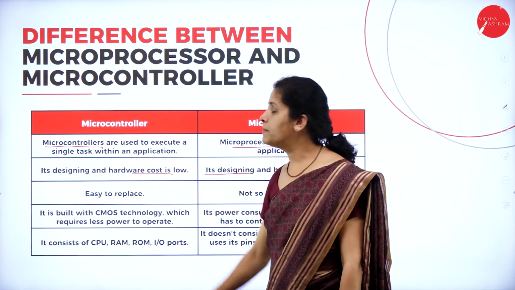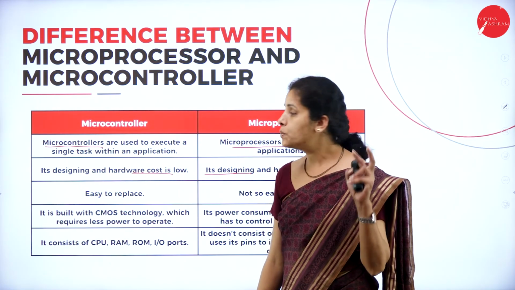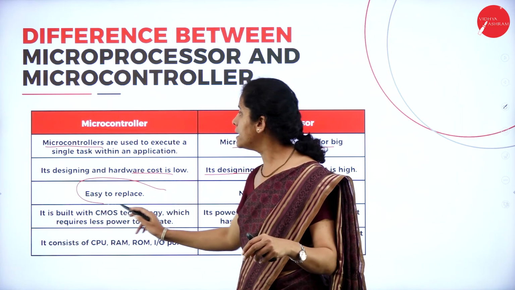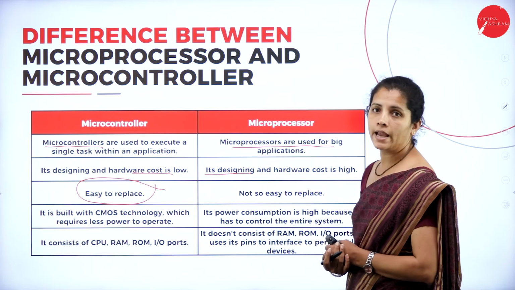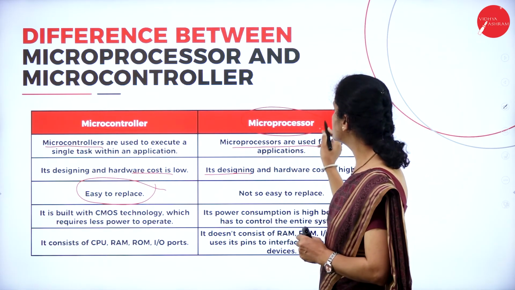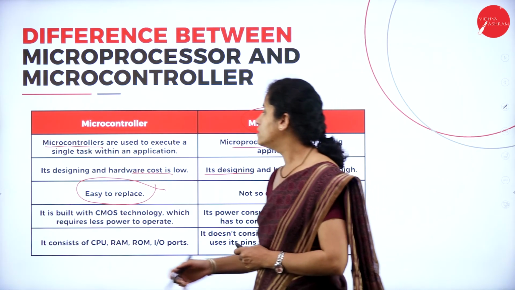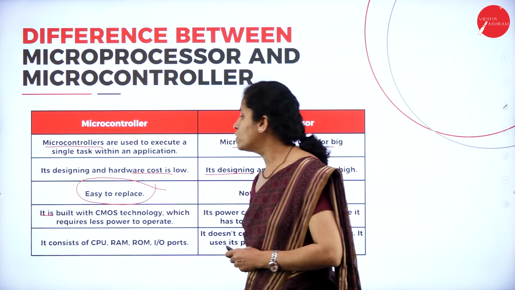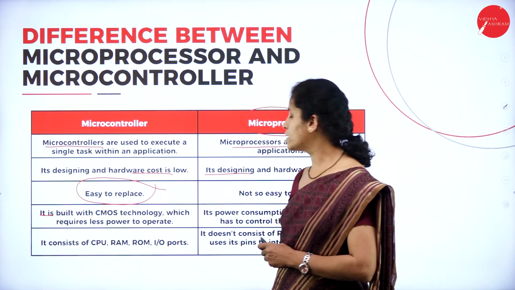Now, if there is any fault, it is very easy to replace a microcontroller. But if there is any fault with a microprocessor, then it is very difficult to replace. And a microcontroller is built with CMOS technology.